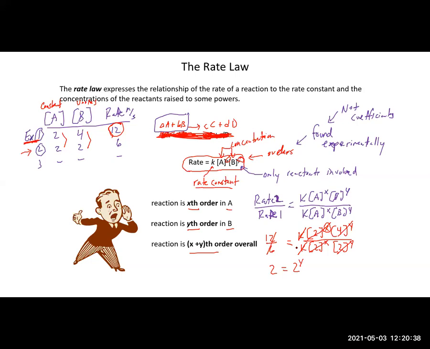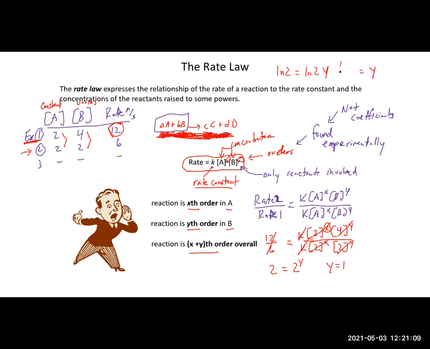So what that's now going to allow me to do is to solve for this. And in this particular case, you could probably easily see that y is equal to 1. By the way, if it did not come out as pretty numbers on both sides like that, you can mathematically solve for it a couple different ways. One way is to take the natural log of 2 on the left, take the natural log of 2 on the right, which will drop the y down, and then divide to the other side.